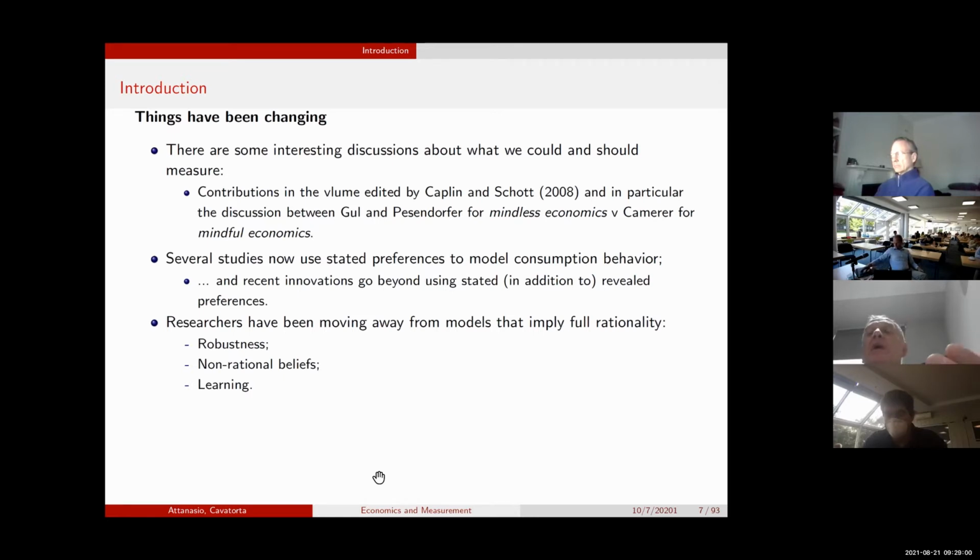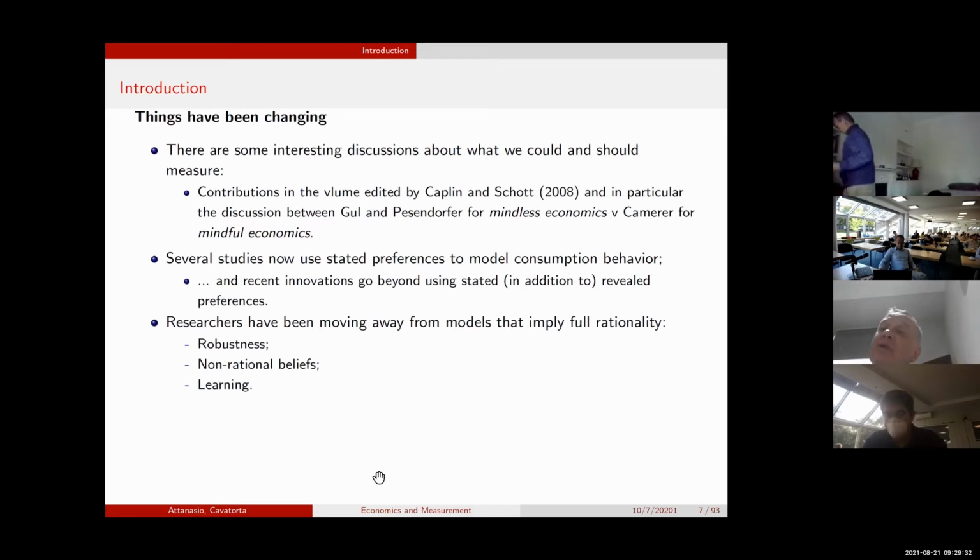In a way, in the paper that I presented yesterday, we were relaxing the assumption that parents know the production function of human capital and trying to model investment choices with distorted beliefs about that production function. Now, our attempt was to say, well, we can try to measure that directly.